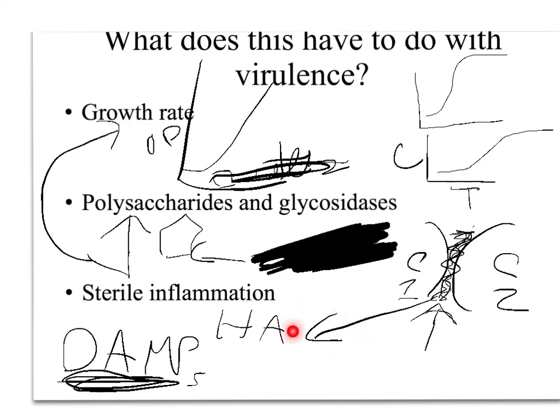Inflammation, for those of you who haven't taken immunology, is what makes you feel sick. That's what makes you feel crappy. That's what gives you fevers. That's what gives you pain. So even though the pathogen that caused this problem in the first place might have been coughed or sneezed out, you're still going to have some bad effects from that.